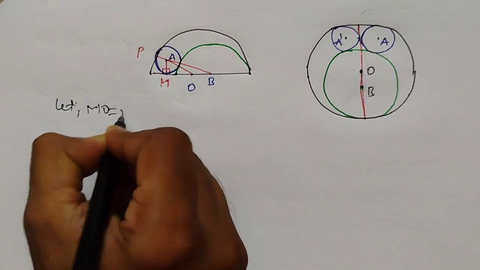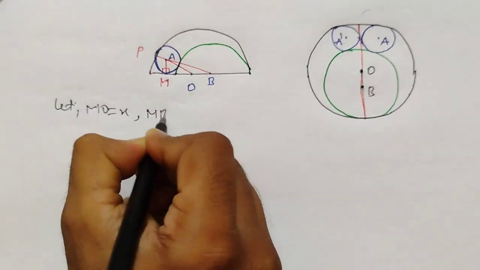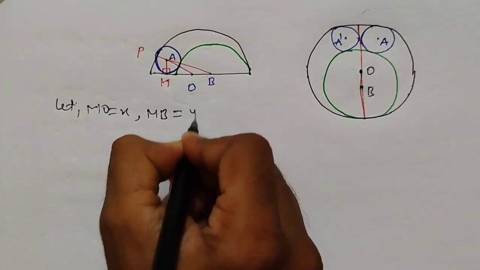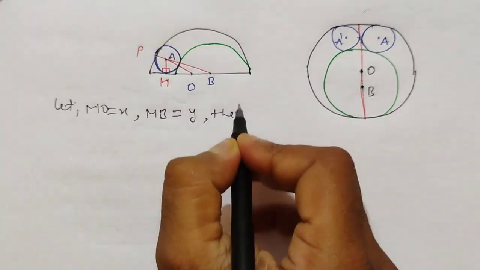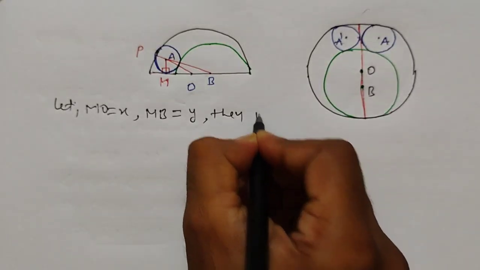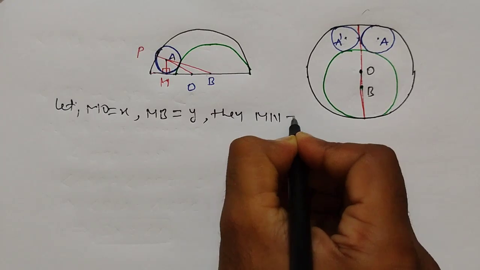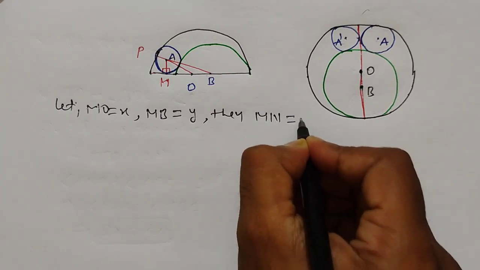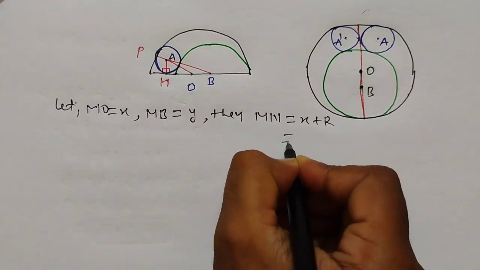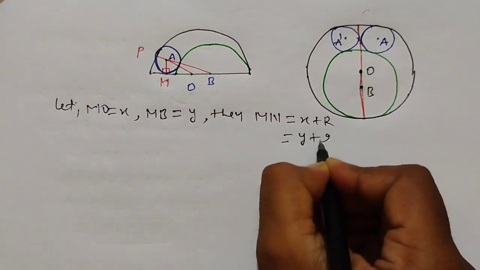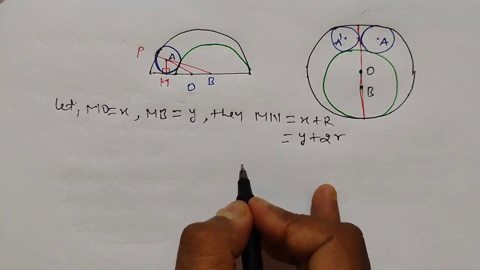MO be equal to x, MB equal to y, and then MN is equal to simply x plus capital R, and this is equal to y plus twice of r.